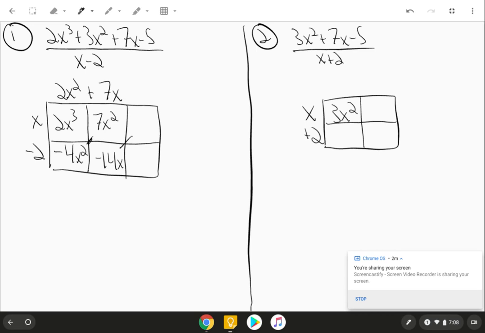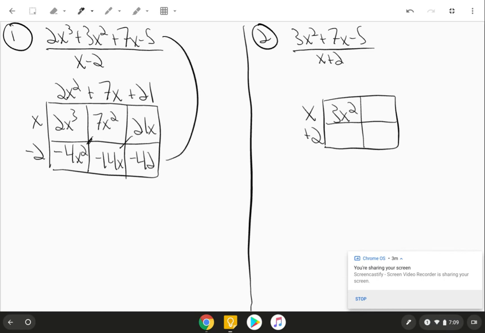For the diagonal, we need to go from negative 14x to positive 7x, so this needs to be a positive 21x. 21x and negative 14x combine to positive 7x. And that's going to make this x times 21 is 21x, and this last one negative 2 times 21, negative 42.